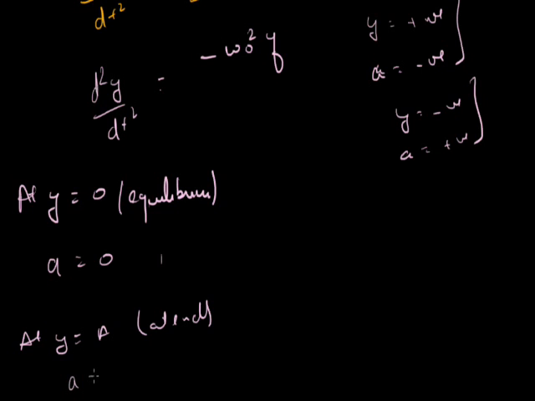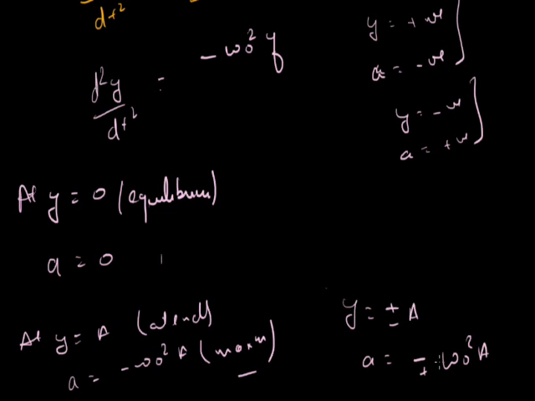Here the acceleration is minus omega naught square a, that is the maximum acceleration, right? So at y equal to plus minus a, we have the expression minus plus omega naught square a. Why am I writing minus plus? Because in the positive direction we have the negative expression, and in the negative direction we have the positive expression.